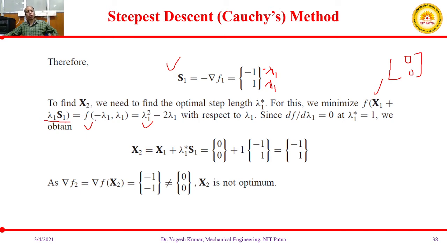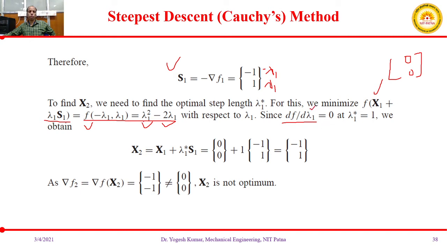Okay, so in order to calculate the optimum value, we will simply take the derivative of your new function, that is lambda 1 square minus 2 lambda 1, with respect to lambda 1, and equate it to 0.